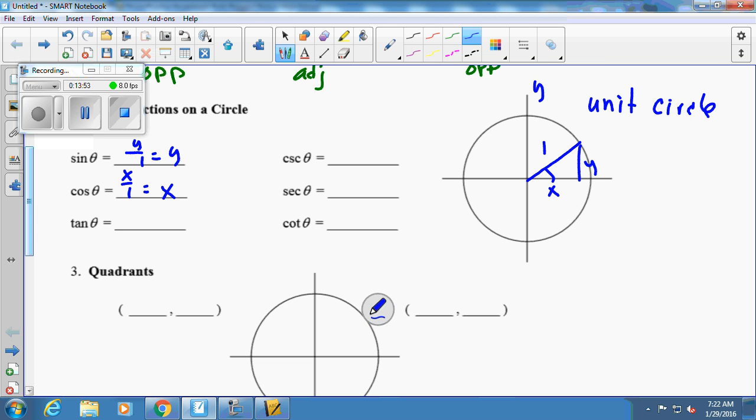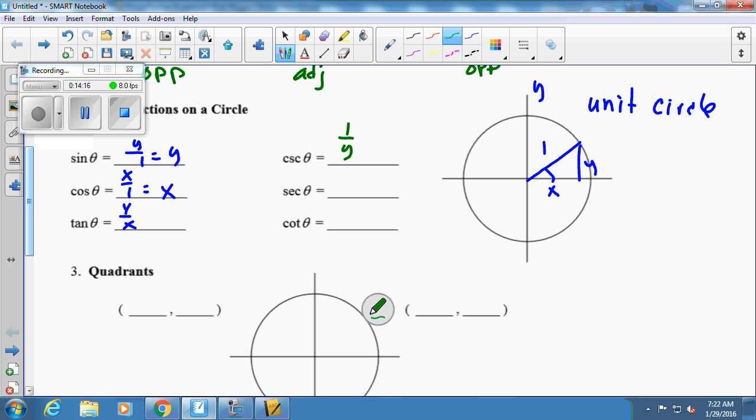We didn't try tangent. What do you think tangent's going to be? Say that again, sorry. Y over x. So it would have to divide those two coordinates. We'll check that. So what do you think cosecant is? If I know these three, I know the others. What do you think? Okay.